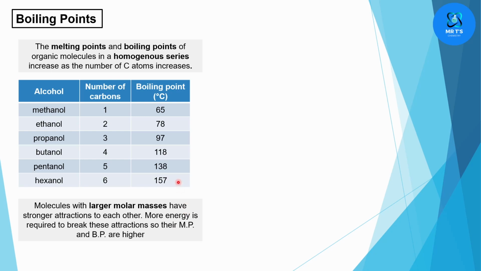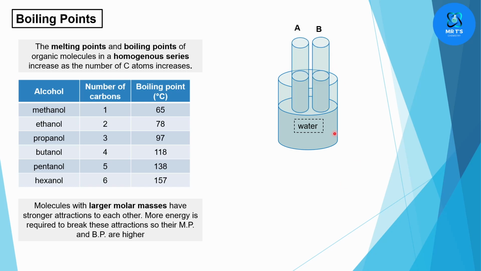So what is the type of experiment we can do to identify these two different types? Well, what we can do is we take a water bath, or a beaker full of water, and we put our two samples, A and B. Now let's say one sample we know is methanol and the other we know is ethanol, but we don't know which is which. So two different samples of alcohols.